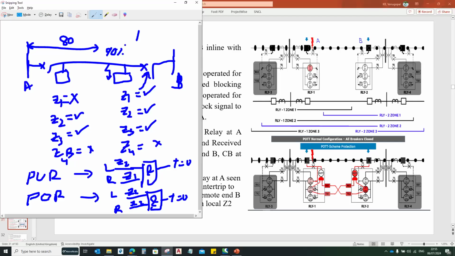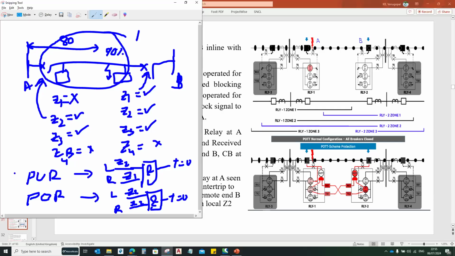It means that there is a common point. It gives a clear indication that the fault is in the protected line, so we consider zone 2 at the local end, collect the zone 2 information from the remote end, override the zone 2 timer at the local end, and trip the circuit breaker instantaneously. This is called the permissive overreach scheme.